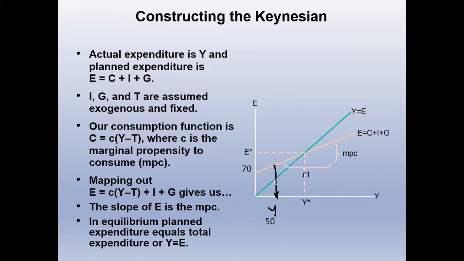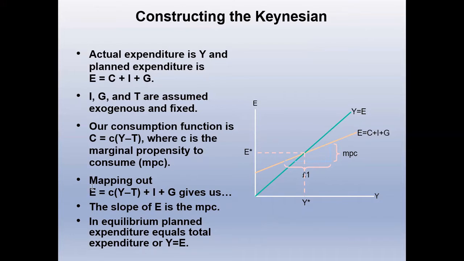This area represents dissaving, where I have a shortage of money or I consume more than my income. After this point, we have the opposite situation, where my income is more than my consumption and we have an excess of income, and this is called saving.